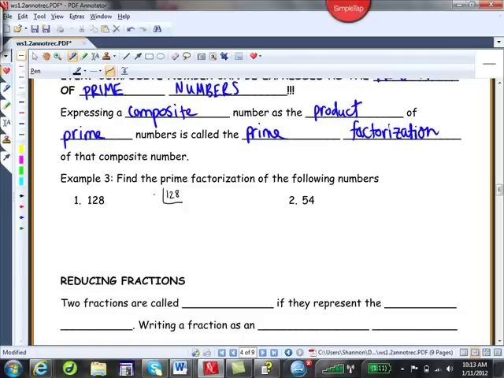So 2 times 64 equals 128. So there's one of our factors. Now the 64. 2 times 32 is 64. We still have an even, so you keep going along. And the beauty of this method is that all of your prime factors are lined up outside these boxes.